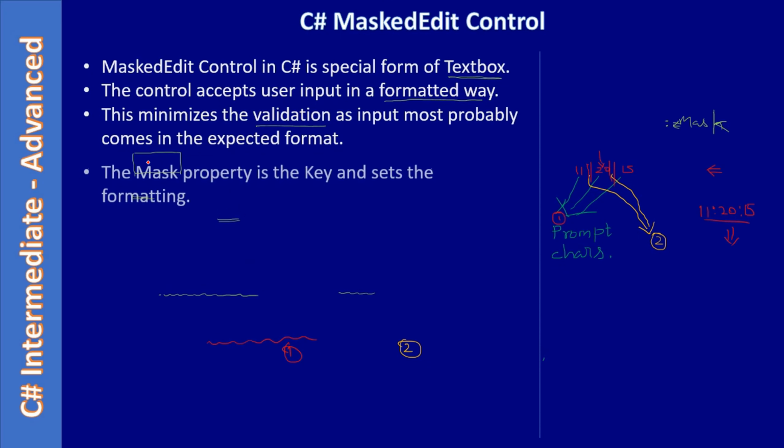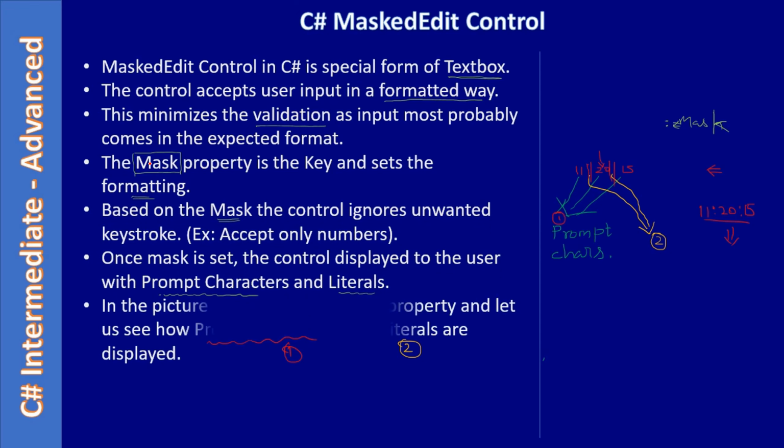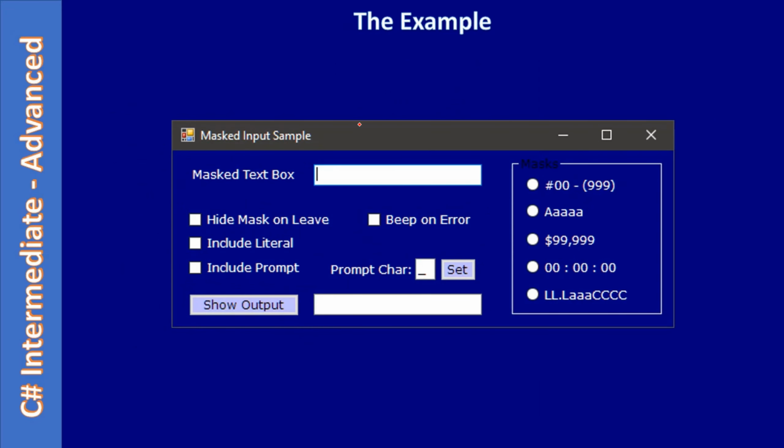So we learned about the basics of masked edit control in the previous video. Now we will learn about the example. Here, if you see, we have two masked edit controls. This one is our first masked edit control, and this one is the second masked edit control.